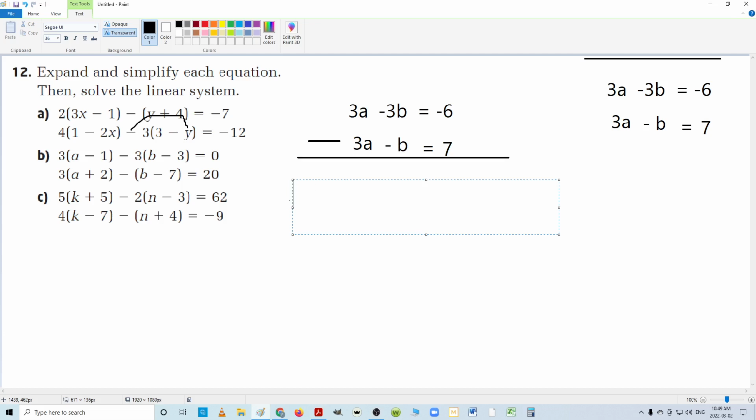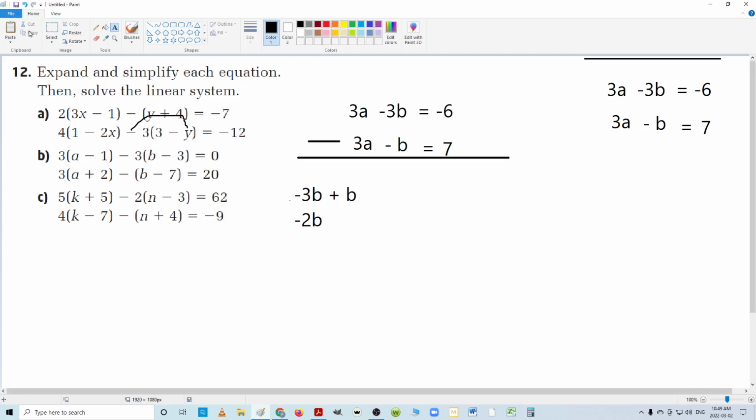Then I open my brackets, I put the top term, I put a minus sign, I open my brackets, I put the bottom term, and I see that I have a minus minus here, so it becomes a plus. Then my minus 3b is a bigger negative number, so I know I'm going to be minus, and what's minus 3 plus 1? Minus 2b. So that means when I subtract that line, that's what I get.